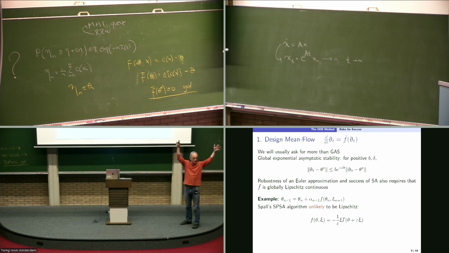Well, this is the thing that appears in my algorithm. Even though it's approximated by a gradient, which might be Lipschitz, the function itself is quadratic, and so it's not Lipschitz. And if you run it, it'll blow up, at least under the assumptions of Spall, that this C is IID.